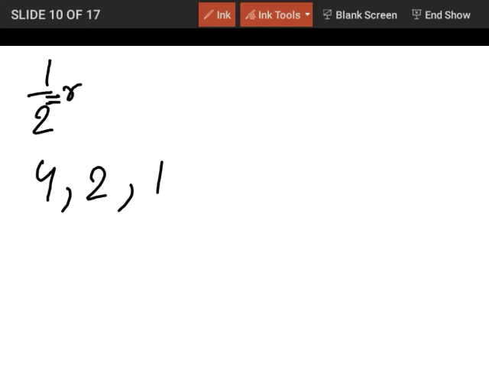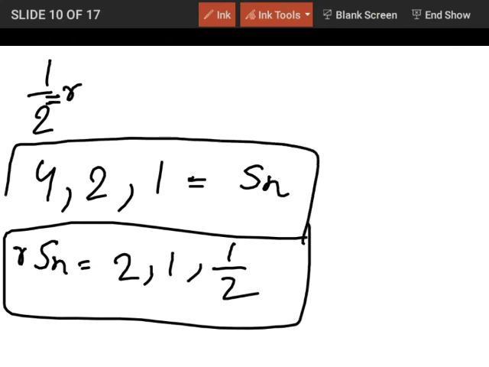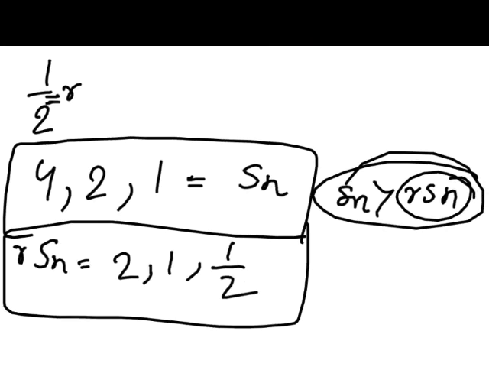This will be Sn. Now if I multiply it with r again, rSn will be 2, 1 and half. Now you tell me which one is bigger, rSn or Sn? Obviously Sn is greater than rSn. So in this case we have to subtract rSn from Sn. I hope that now it is clear.